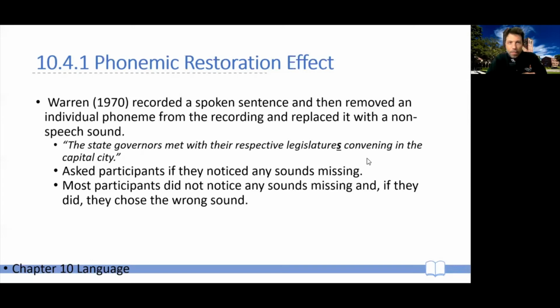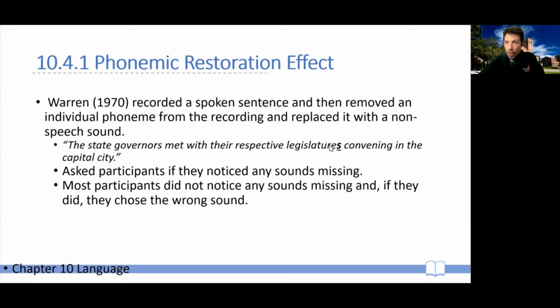What Warren did is he recorded spoken sentences and then occasionally removed a phoneme and replaced it with the sound of somebody coughing. So a non-speech sound. For example, in this particular sentence, which was: the state governors met with their respective legislators, convening in the capital city.